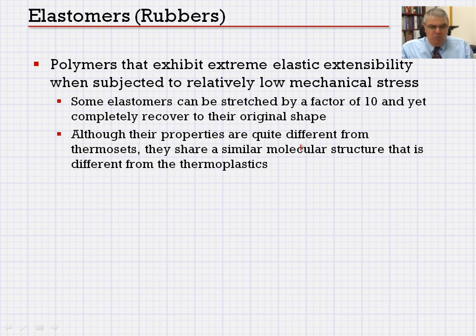Remember that one of the advantages of steel was its ductility, in which, in the elastoplastic range, we could pretty much stretch it. That was one of the advantages of steel.